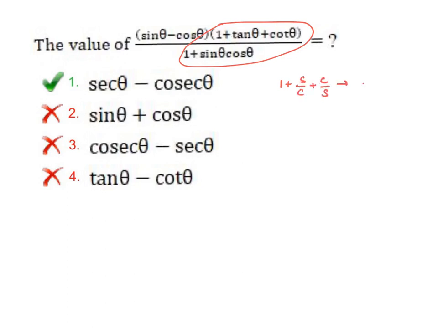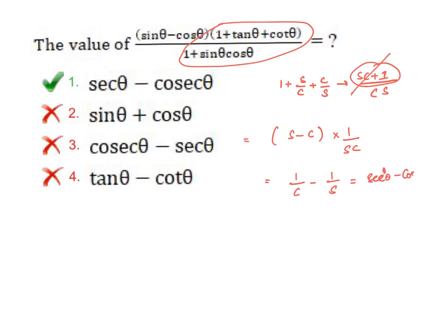If I take the LCM of sin and cos, you get sin cos plus sin square theta plus cos square theta, that is 1. So anyway 1 plus sin theta cos theta, 1 plus sin theta cos theta get cancelled. So you have to multiply sin minus cos with 1 by sin cos. So you get 1 by cos minus 1 by sin, that is secant theta minus cosecant theta.